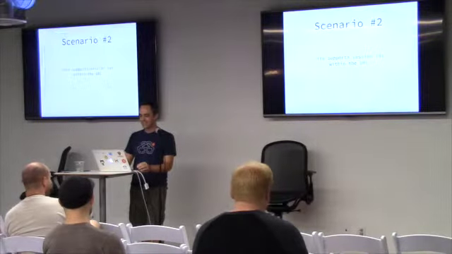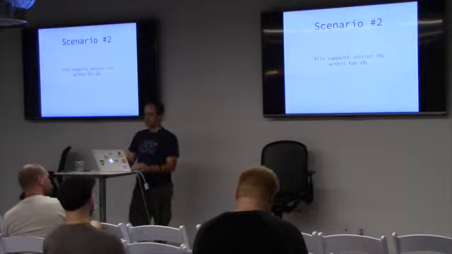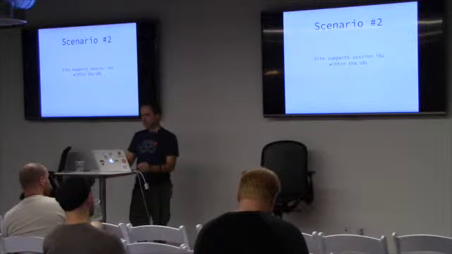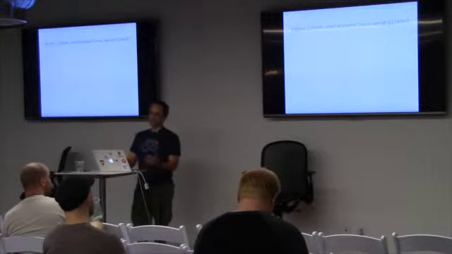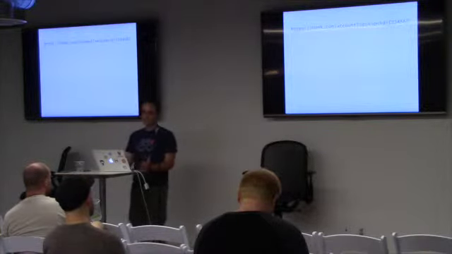Exactly. All right. Second scenario for sessions and authentication is a site that supports session IDs within the URL. So an example here is bank.com/account?sessionID=123456. That session ID identifies you as well as your current session.